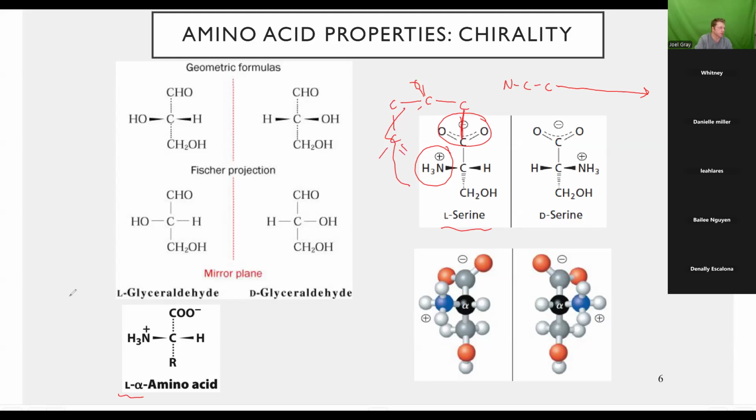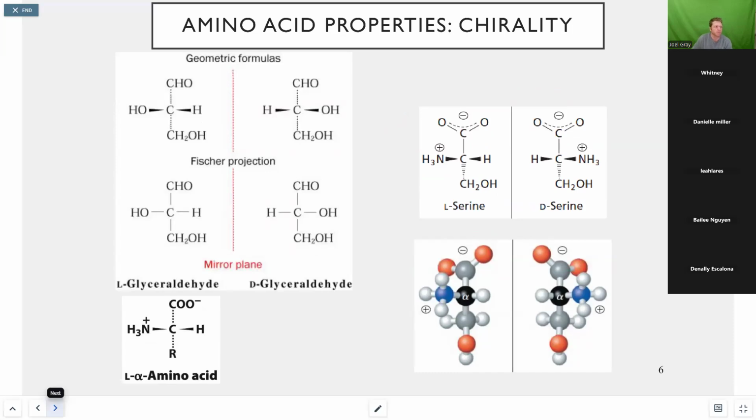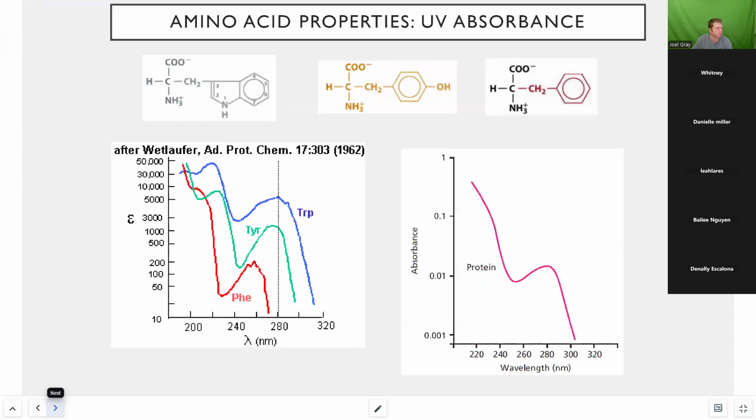And so it's going to visually kind of cannibalize itself, and it's not going to be very easy to discern and process. So that's just a convention whenever you're drawing a peptide. But the important takeaway from this is that your L configuration of an amino acid is the biologically relevant form.